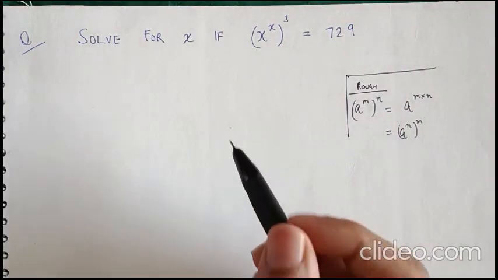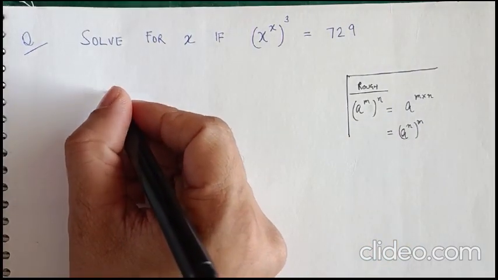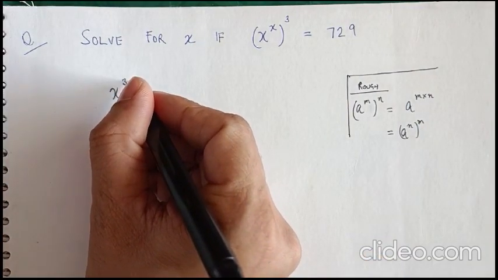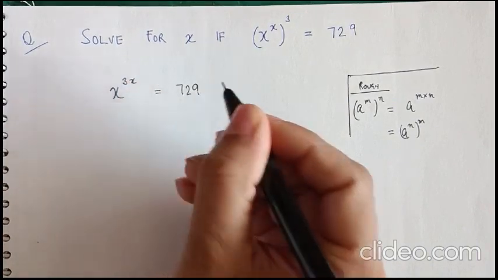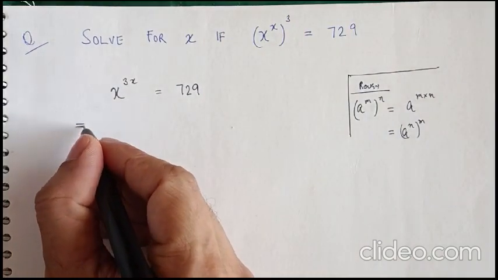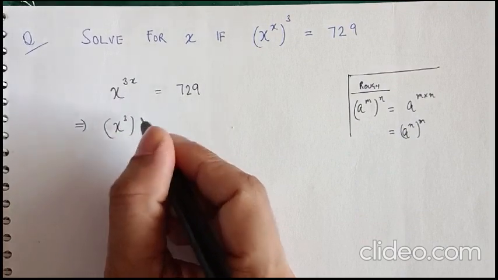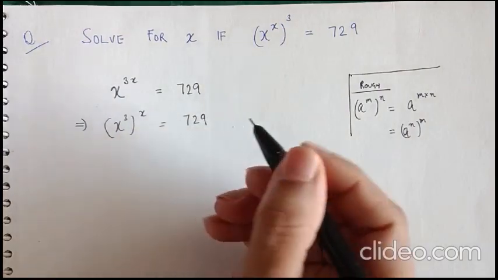So what we will do is we will just rewrite this equation. So what this means is x to the power of 3 into x is equal to 729. This implies x to the power of 3 to the power of x is equal to 729.